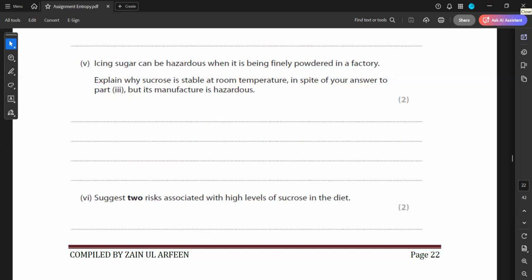So if you read the whole question, icing sugar can be hazardous when it is being finely powdered in a factory. So when we make it into powder form, when we are crushing it, it can be hazardous. What could be the reason why manufacturing sucrose is hazardous, but it can be stable?